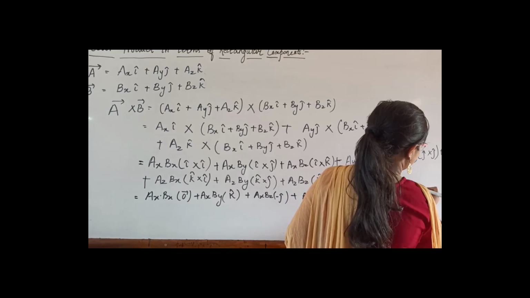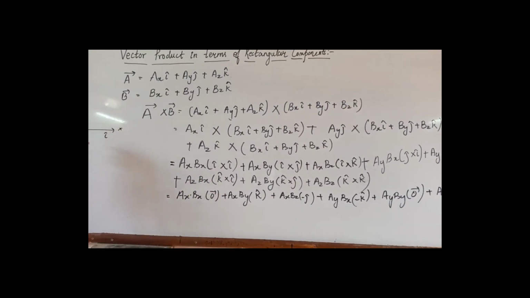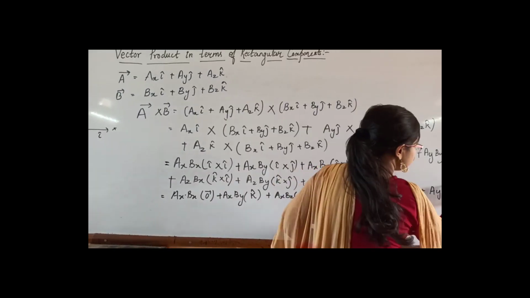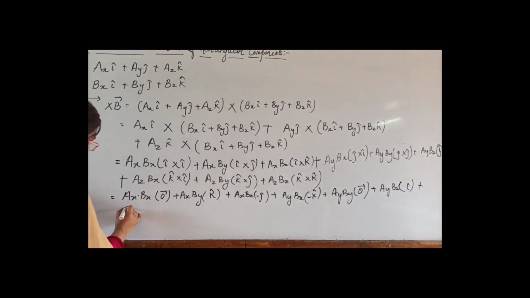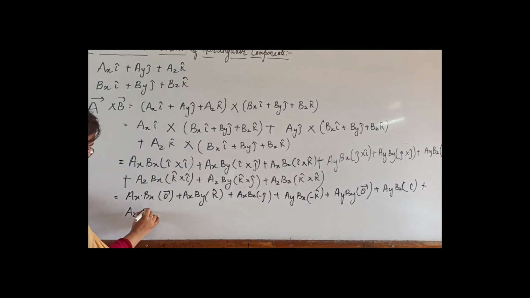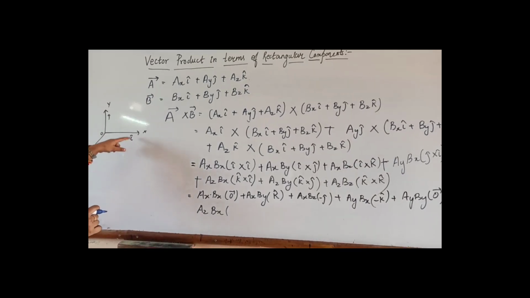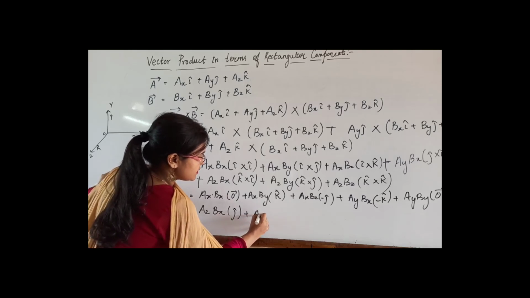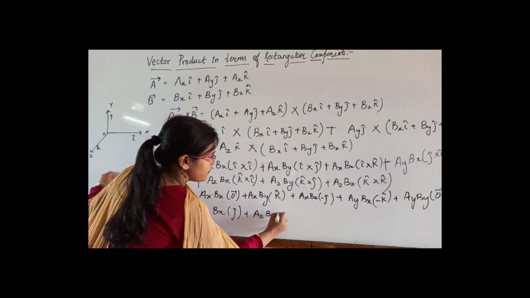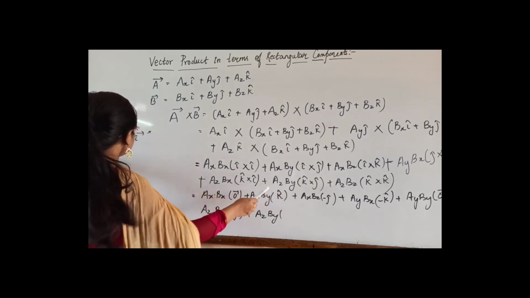Ay bz j cap cross k cap, j cap cross k cap will give us i cap, plus az bx k cap cross i cap will give us j cap, plus az by k cap cross j cap.